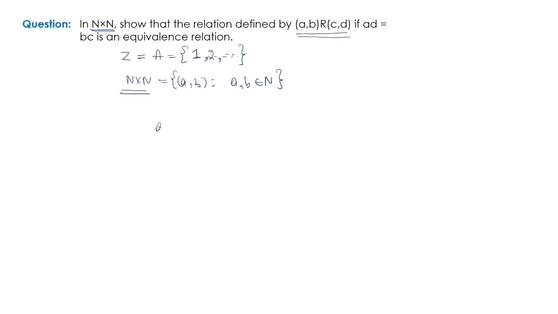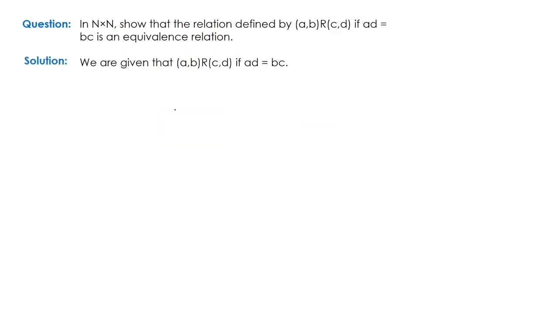So if A comma B is related to C comma D, it implies that A into D is equal to B into C. And how we can remember it is: the first element of the first ordered pair multiplies with the second element of the second ordered pair, and the second element of the first ordered pair multiplies with the first element of the second ordered pair. This is how we can remember that. So we have defined it here like that.